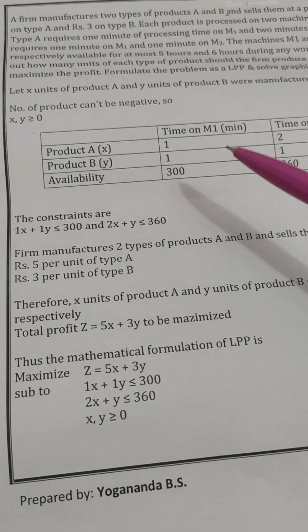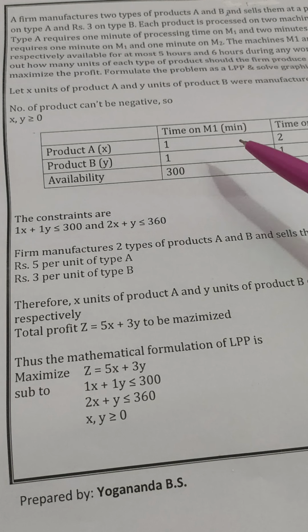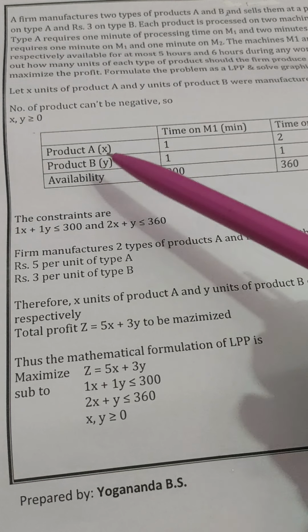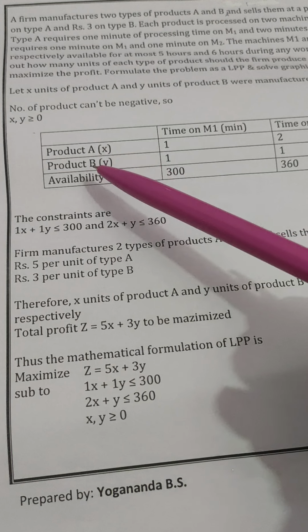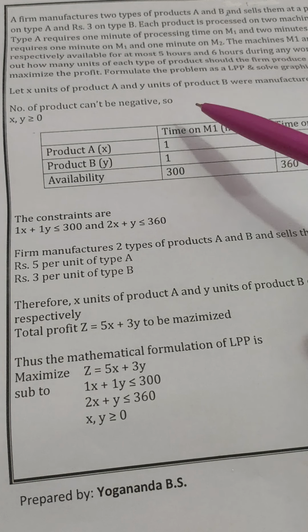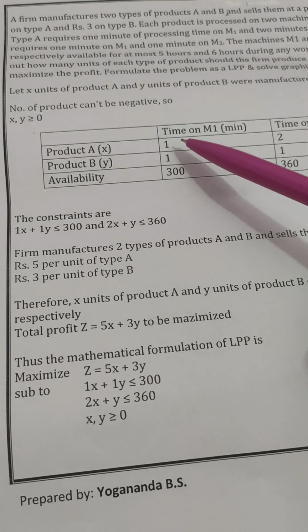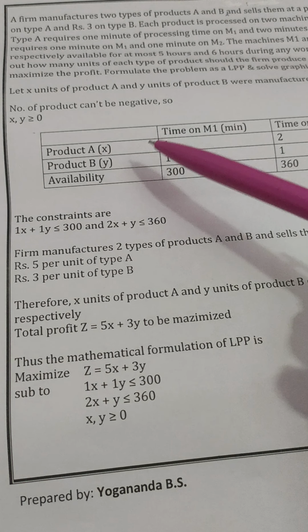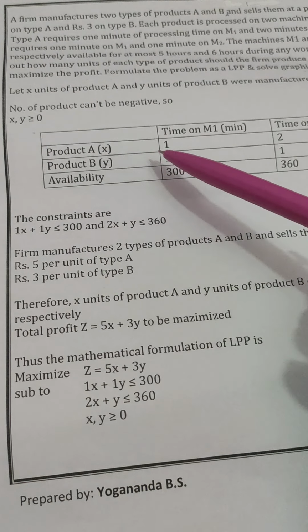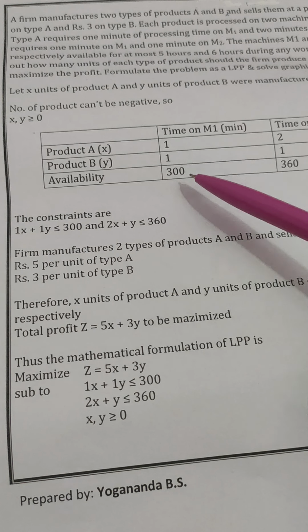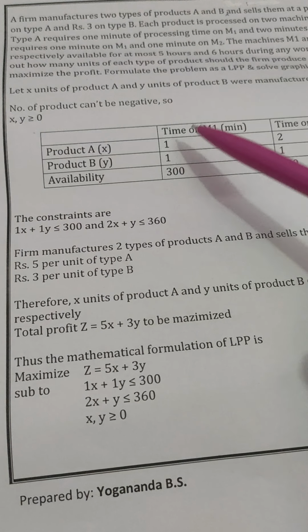Now the constraint is on the availability of machines. Consider the availability of machine M1, whether I process product A or product B. For 1 unit of product A, it takes 1 minute, and 1 unit of product B also takes 1 minute.